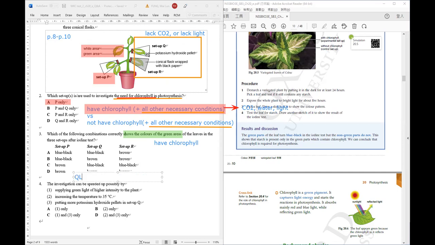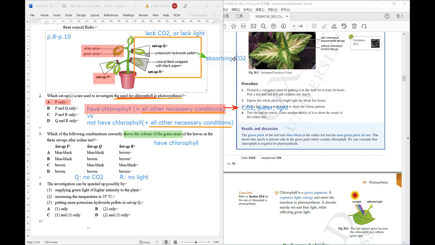In setup Q, there is no carbon dioxide. You can see potassium hydroxide pellet is responsible for absorbing and removing CO2.